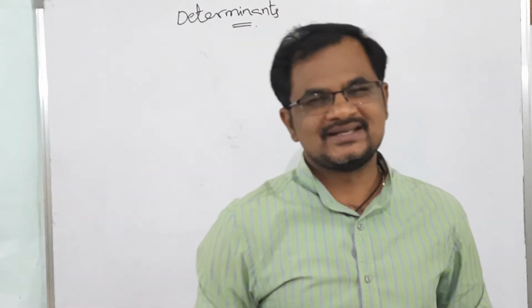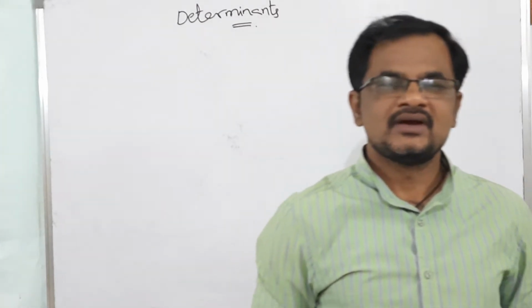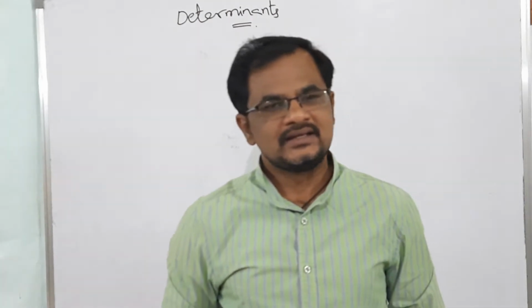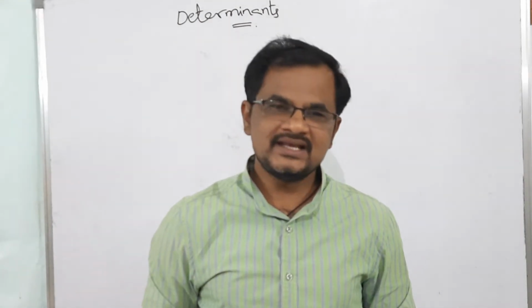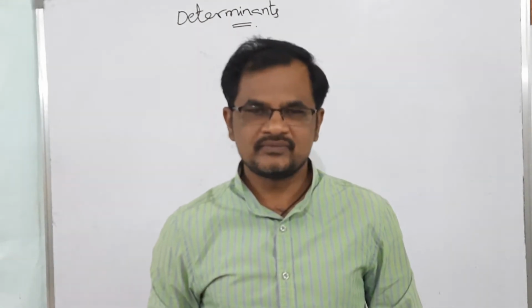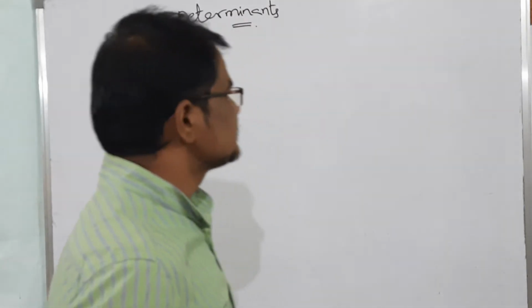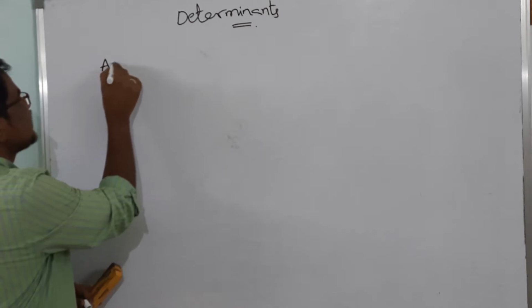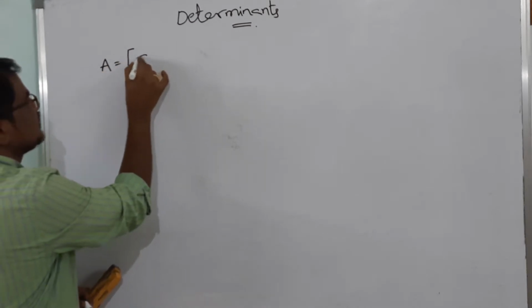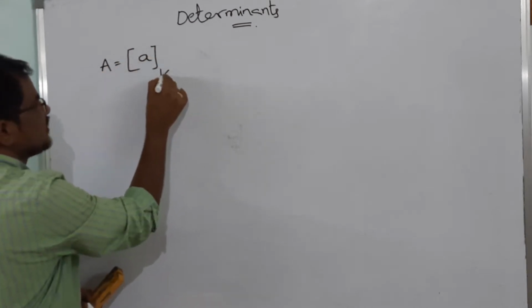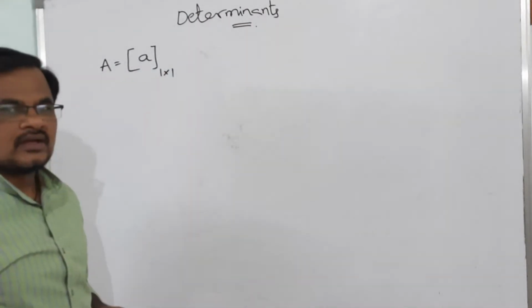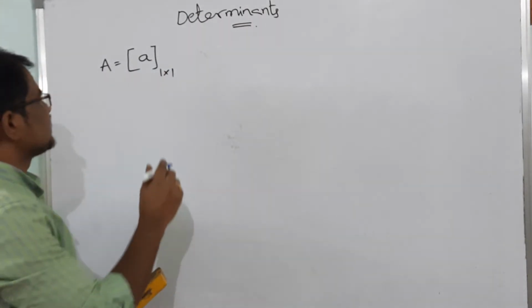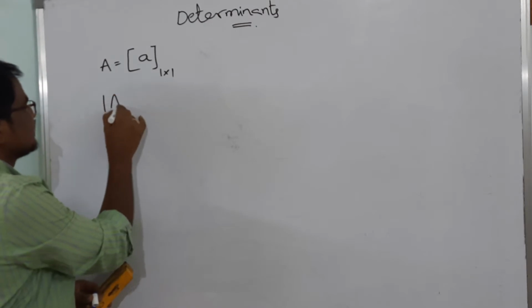Hi students, in this video we will discuss determinants. Only square matrices have determinants, right? If you take a square matrix of order 1, the determinant of this matrix is denoted by this symbol.